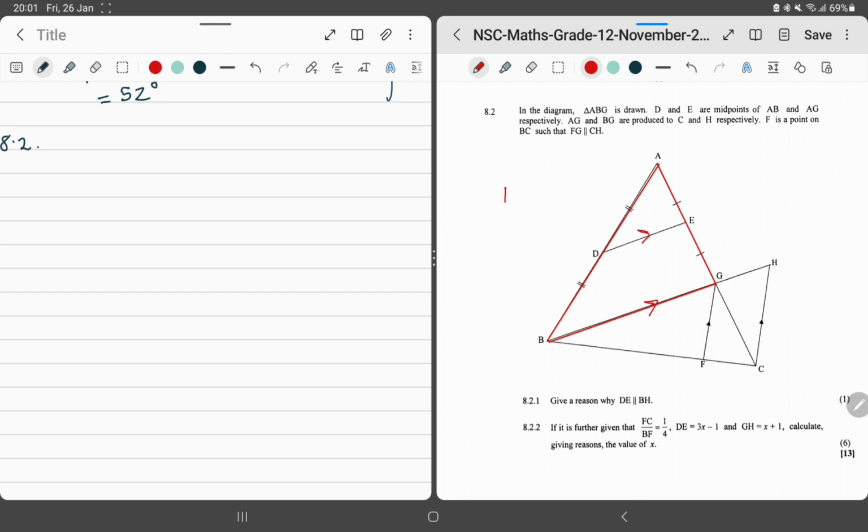And we know that BG is equal to 2 times DE, and this is also because of the midpoint theorem. This length is 2 times that length. 8.2.1. Give a reason why DE is parallel to BH. That's because of the midpoint theorem.